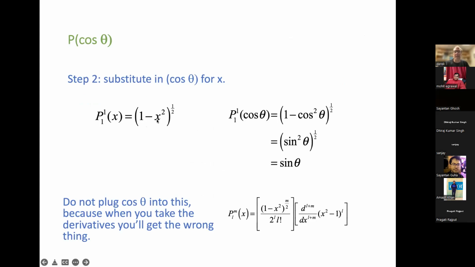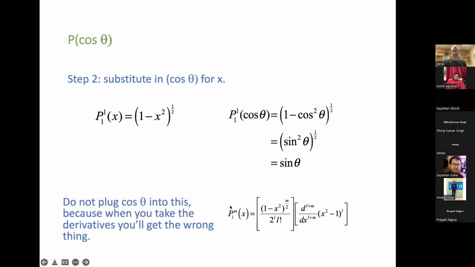So I have P sub 1 sup 1 of cosine theta equals 1 minus cosine squared theta to the 1/2 power. We also know the trig identity that 1 minus cosine squared theta equals sine squared theta, and since this is the 1/2 power, it's just sine theta.